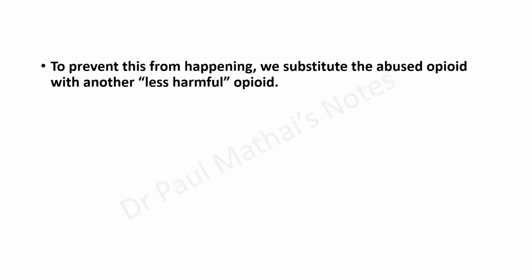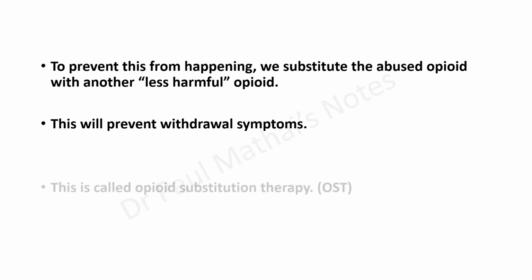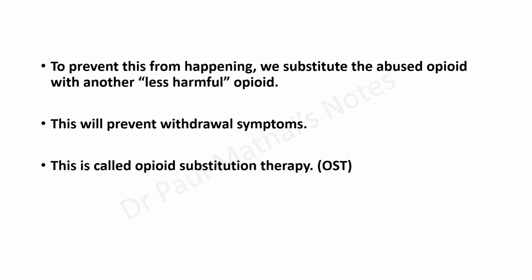To prevent this from happening, we substitute the abused opioid, in this case heroin, with another so-called less harmful opioid, and this will prevent withdrawal symptoms. In essence, this is what we call opioid substitution therapy.